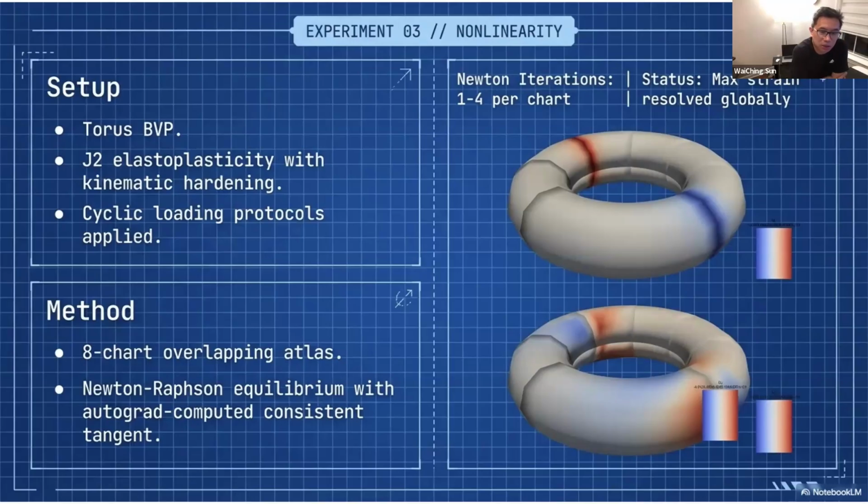And we solve J2 plasticity both forward and inverse to see whether this geometrical shape that we represent by the coercive chart can also be used for the inverse problem. This is a J2 von Mises plasticity with kinematic hardening.